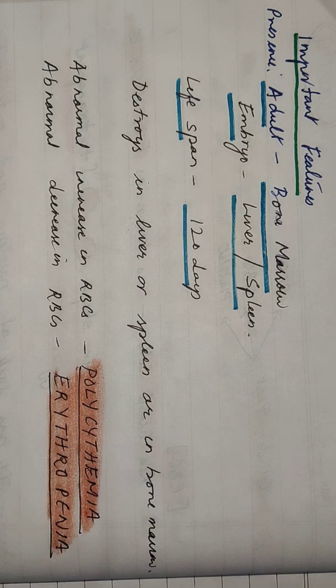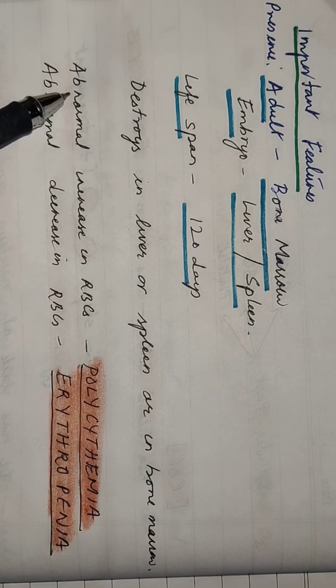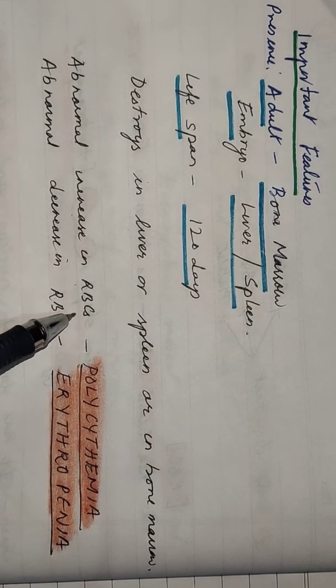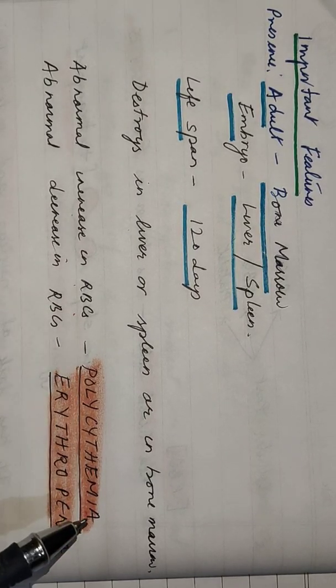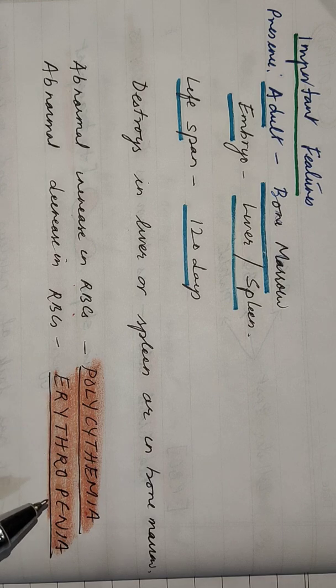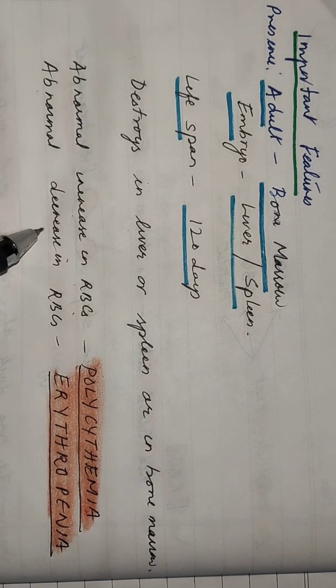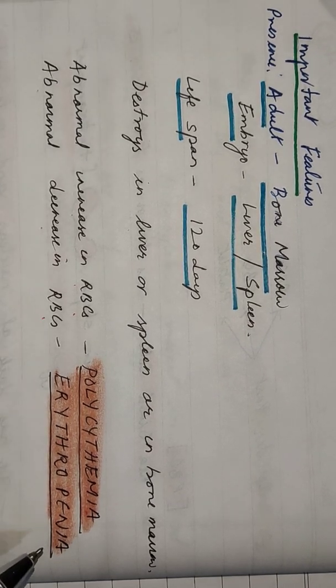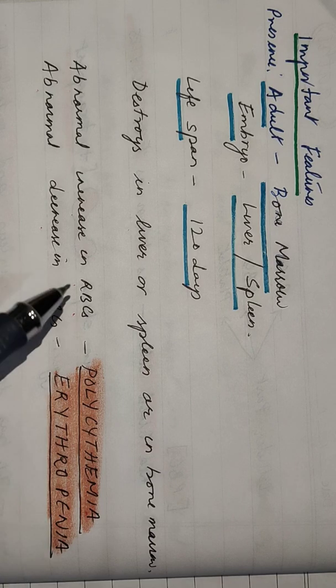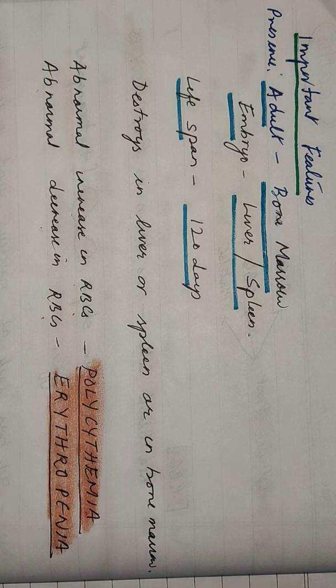Sometimes there are abnormal diseases also, which are very important for us to know. Abnormal increase in RBCs is known as polycythemia. Abnormal decrease in RBC is known as erythropenia.